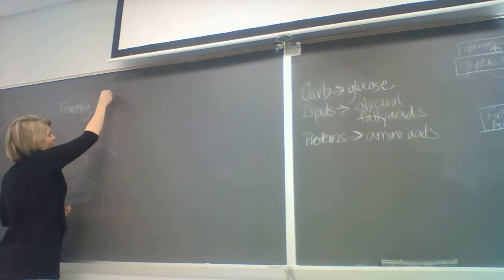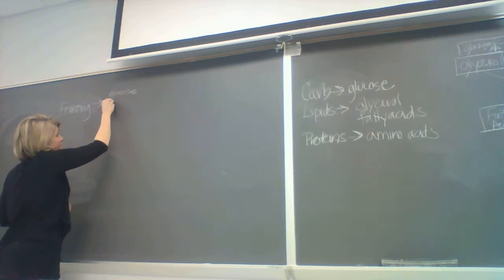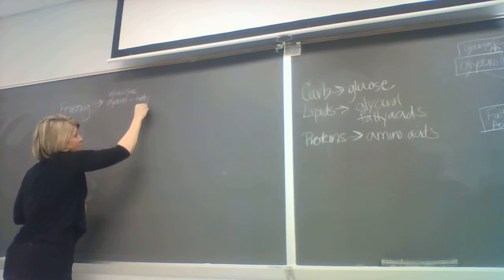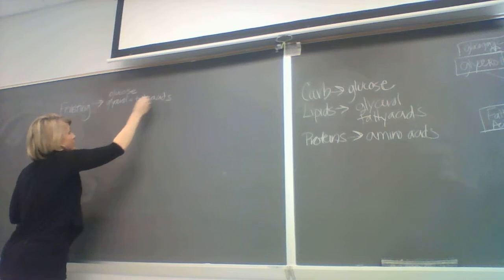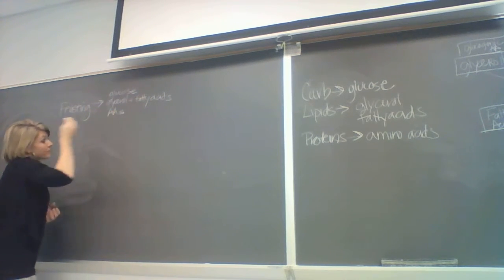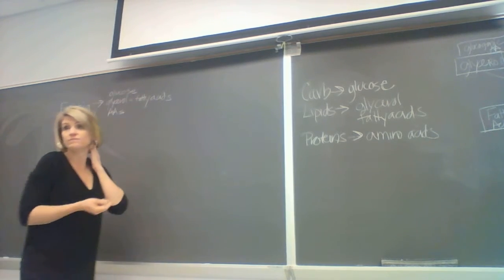Your body's going to break it down: the carbs into glucose, lipids into glycerol and fatty acids, and your proteins into amino acids. And let's say you've made all the ATP that you need and stored all the extra glucose as glycogen. What's your body going to do with these now?